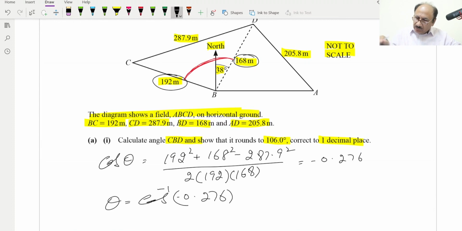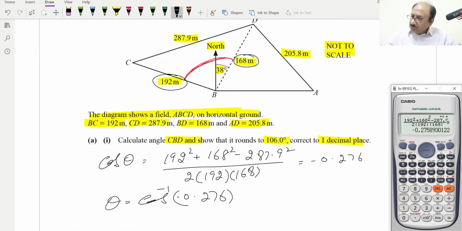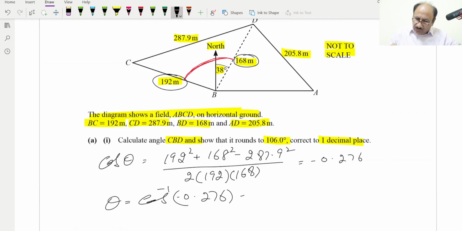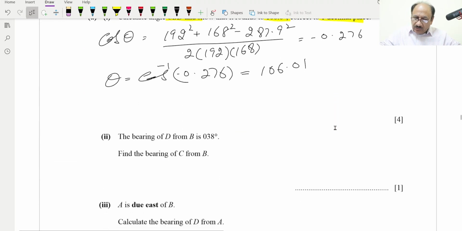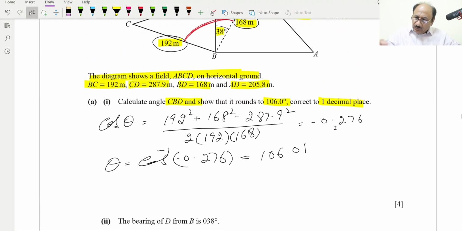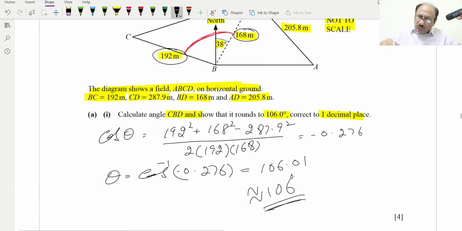Using shift cos inverse of the answer, this is equal to 106.01. So we can write it as approximately 106, and this was what we needed to prove.